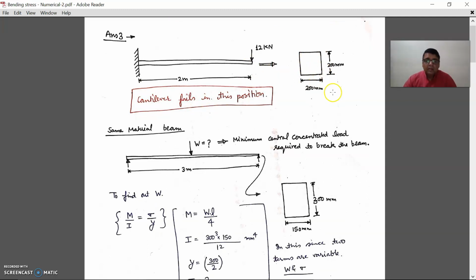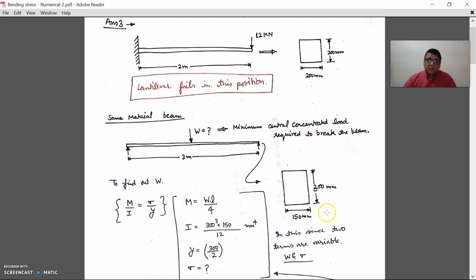Then he is saying the same material beam, and you have to find out W. W is the minimum central concentrated load required to break the beam, and the beam is of this type, that is, simply supported of 3 meter length, and W is this, right? And this is the cross section of the beam, 150 mm by 300 mm.